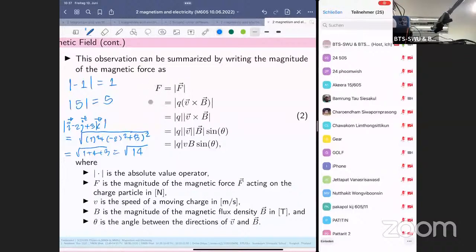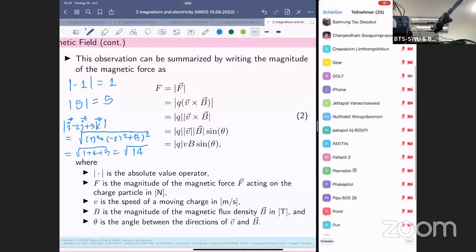The force that we get from this expression is in the unit of Newton, and the velocity is in meters per second, right? In the typical SI unit system, and B, the magnetic flux density, is equal to Weber per square meter, but we would simply say Tesla, because it's shorter. All right.